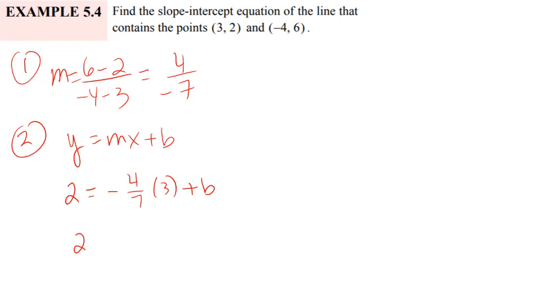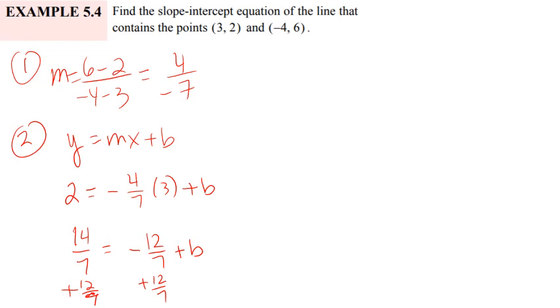So I have 2. I'm actually going to make this 14 over 7. You'll see in 1 second why I changed that. It's going to be -12 over 7 plus b. Now I'm going to add 12 sevenths to both sides. Hopefully now you can see why I changed the 2 to 14 over 7 to get a common denominator.